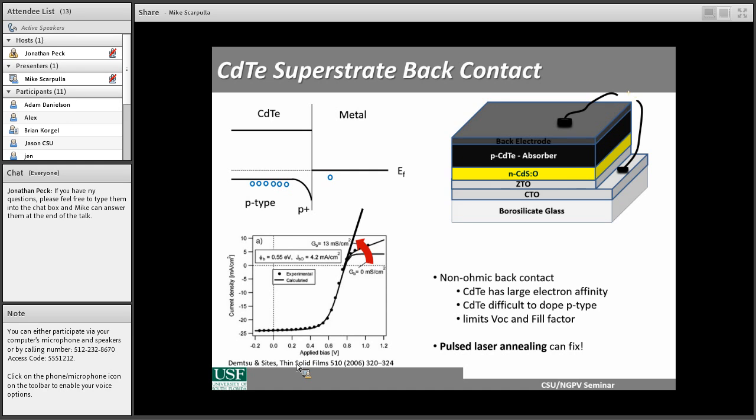One way to explain what's going on with CdTe is that it's very hard to find a metal with a work function deep enough to make an ohmic contact to cadmium telluride, although of course we all know that interface states play a very large role, so this simplistic picture of energy band lineup probably doesn't capture the whole physics of what's going on.